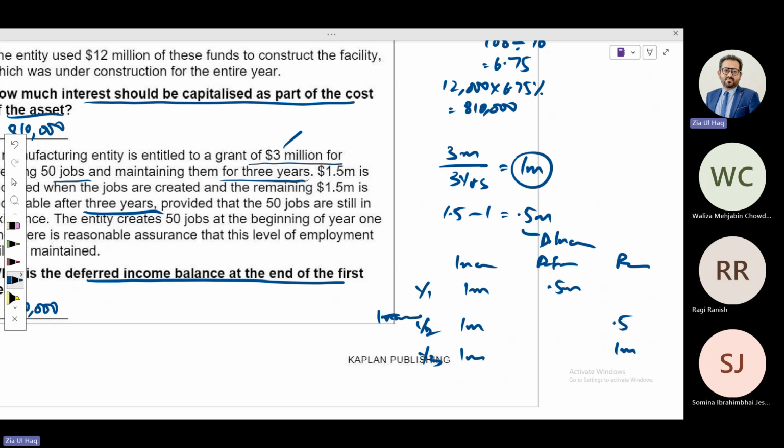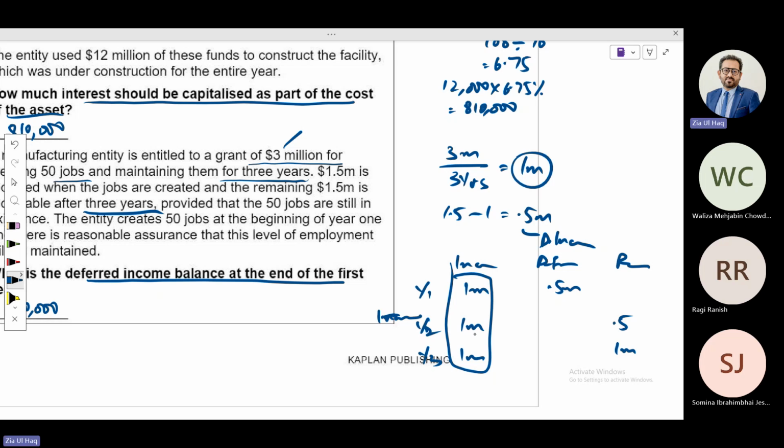In year 1, you received 1.5 million. This means every year you need to record 1 million as income. But as you received 1.5 million in year 1, 1 million you have recorded as income. So the remaining 0.5 million that is relating to next year should be recorded as deferred income in liability. In year 2, your income is 1 million. This 0.5 million deferred income you have used.